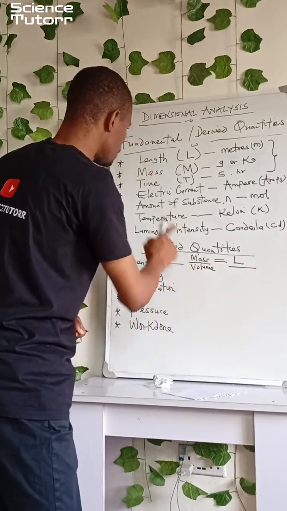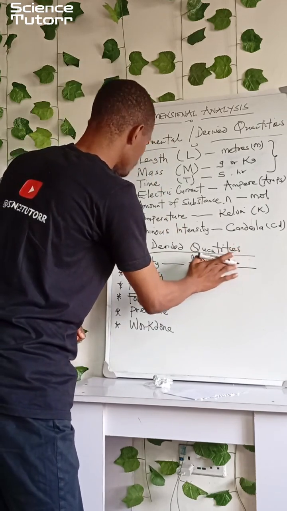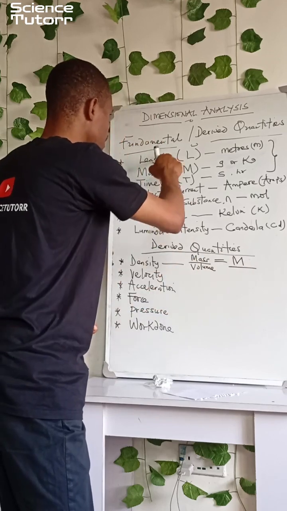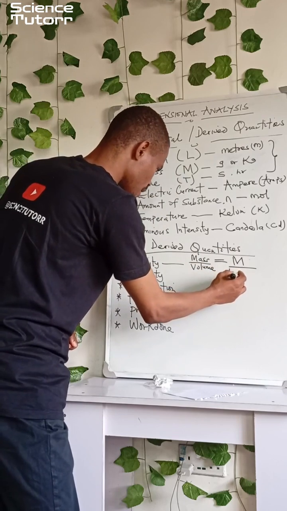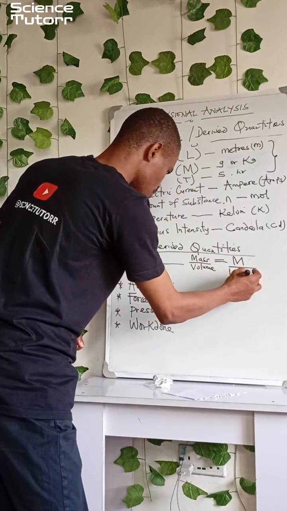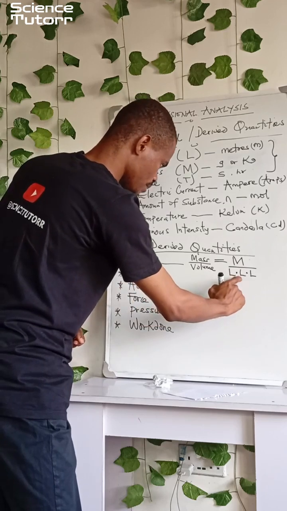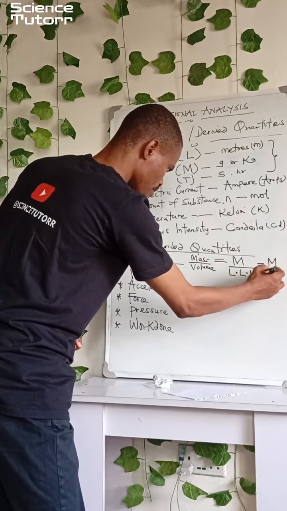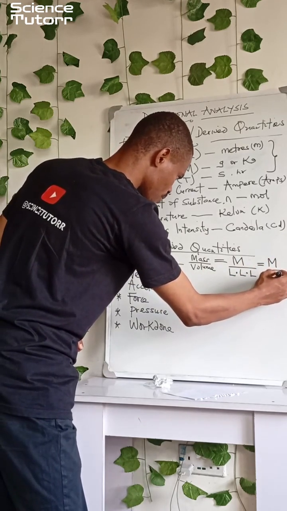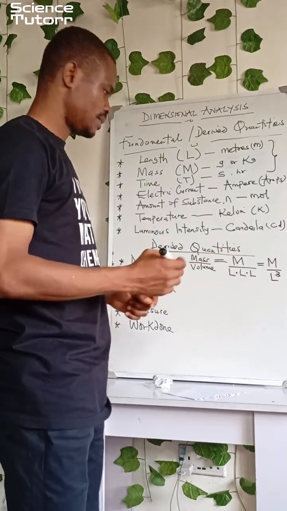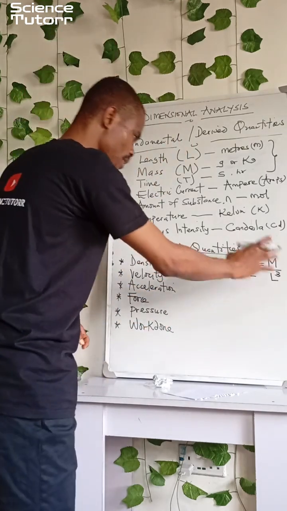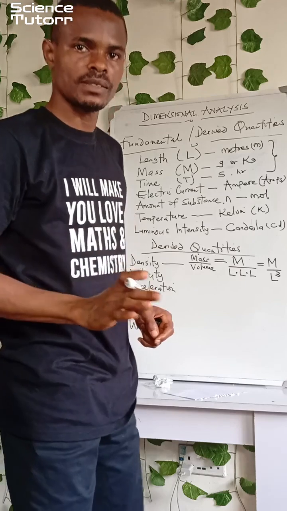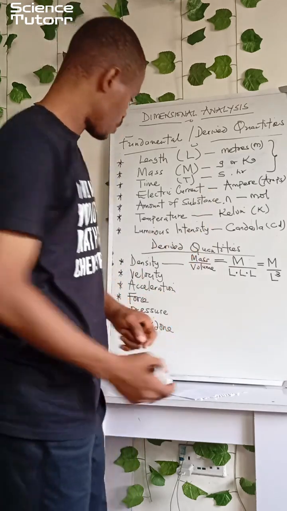Mass is M. So the volume is length times length times length. So at the end of the day, we have M divided by L raised to power 3. This is for density. So density depends on each of these fundamental quantities to stand. And the same is applicable to every other one.